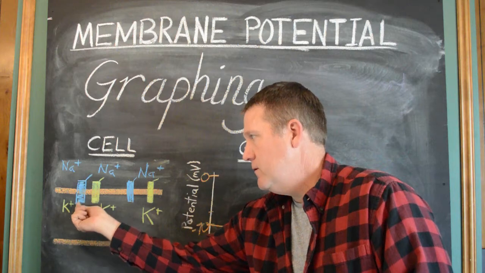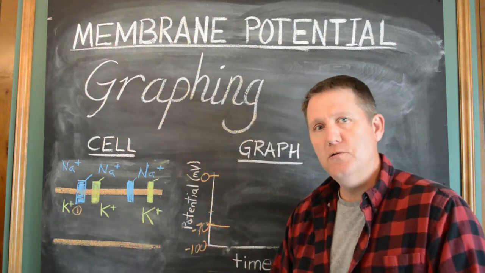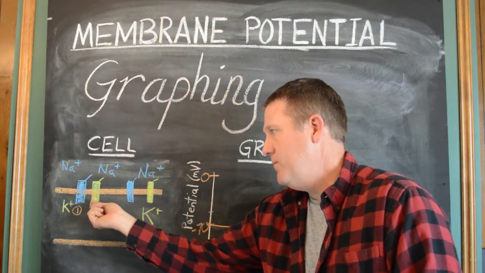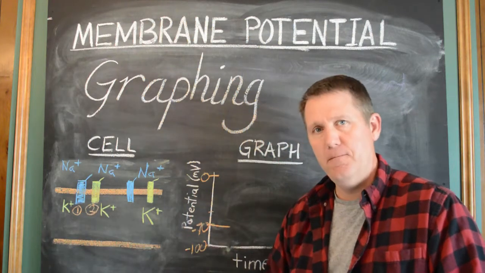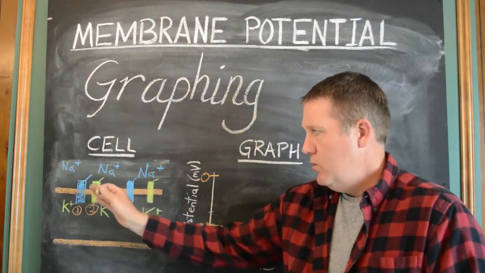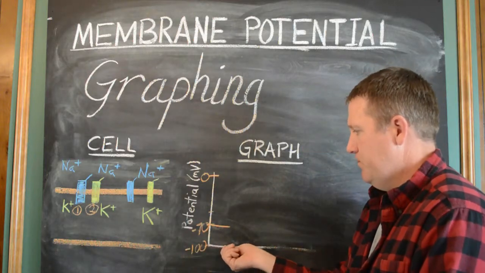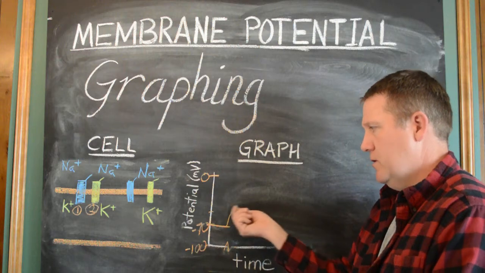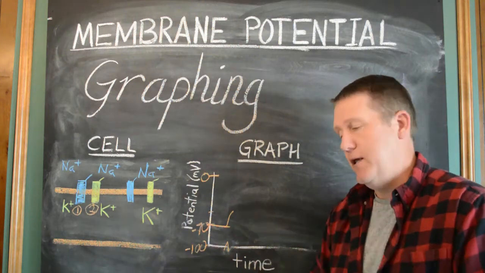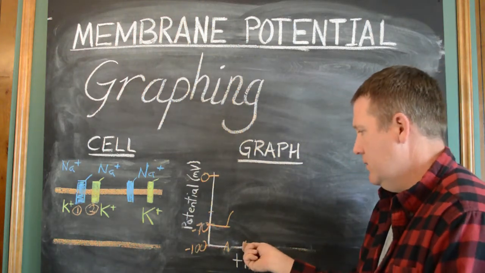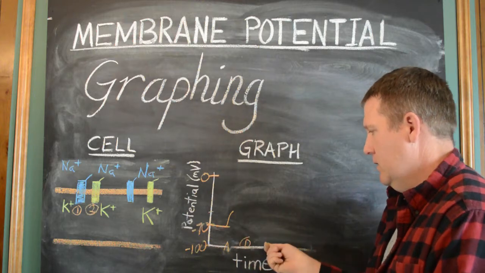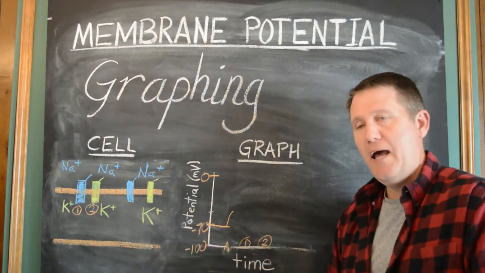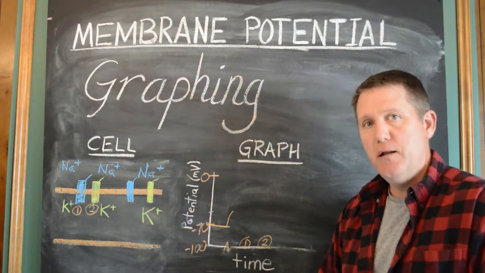The sodium channel opens first, and the potassium channel has a slight lag, so it opens second. We're going to assume that here we reach that -55 and trigger things. Then we'll look at what happens for each of those channels.